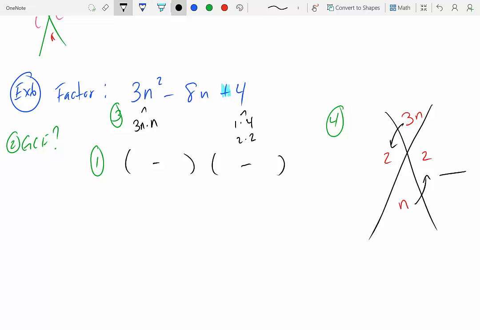So our goal is to get negative 8n, and since we're using the same signs, we're going to add two numbers to get negative 8n. So we have 6n and 2n. So 3n times 2 is 6n. n times 2 is 2n, and we have to get negative 8n, so they both have to be negative. So how did we get this negative 6n? We multiplied 3n times 2, so that must be negative.